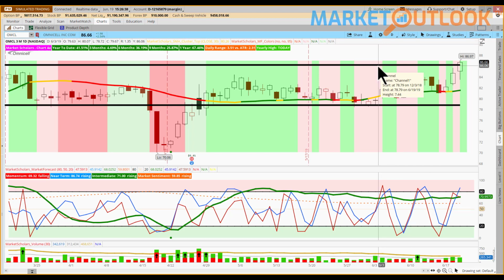So in other words, the distance between this top black line and this bottom black line is $7.44. So the theory goes that when you break out of that sideways rectangle-ish type of pattern, your upside price target would be about $7.44 above you, as it is now about to establish a new trading range for the months in front of us.